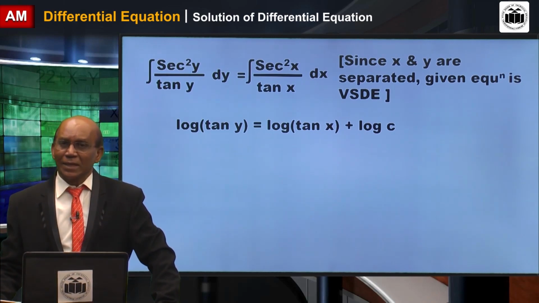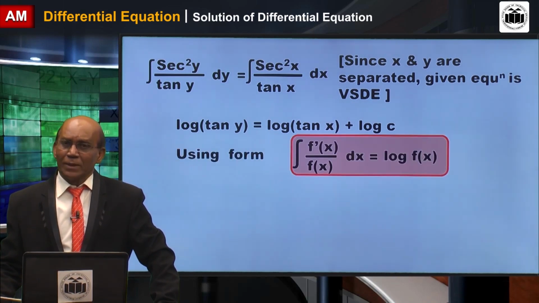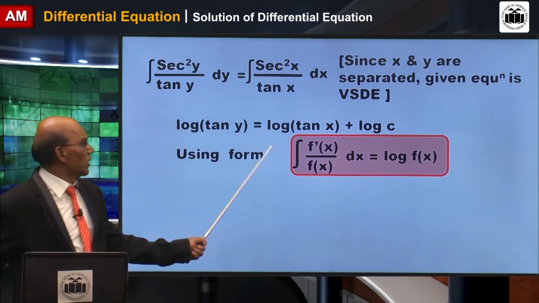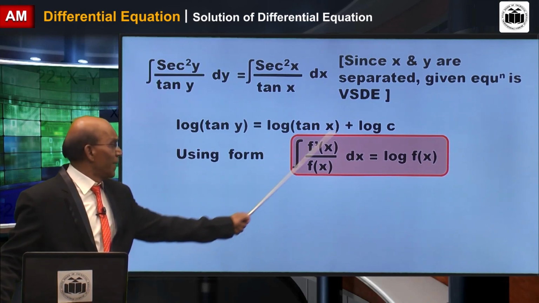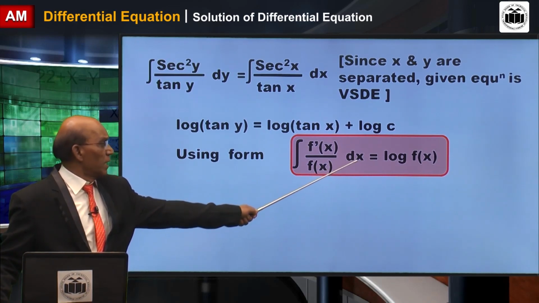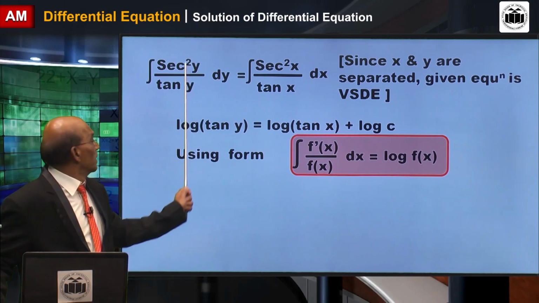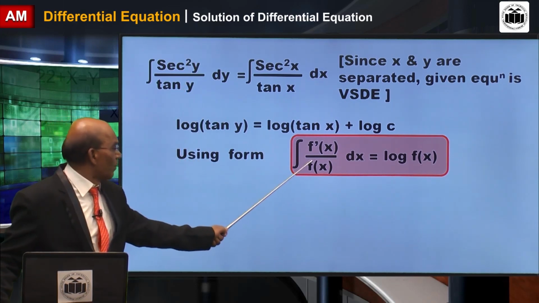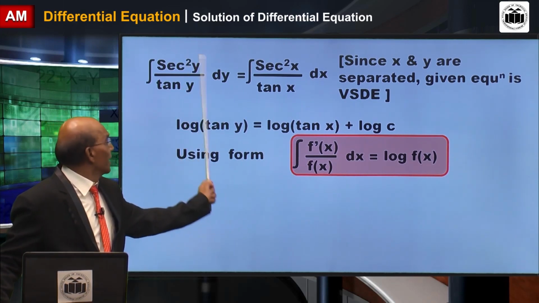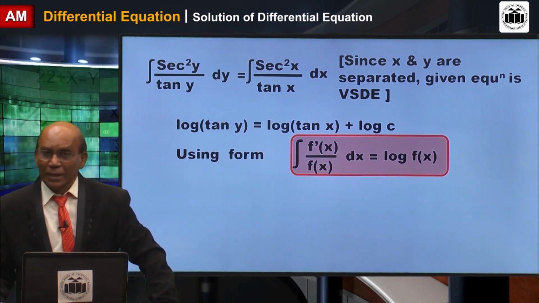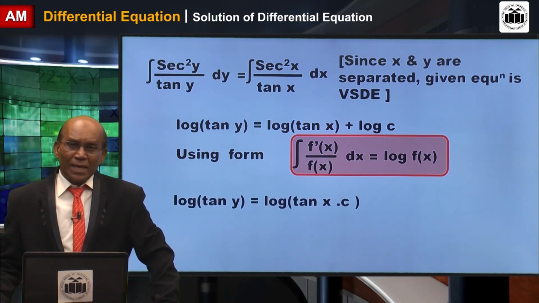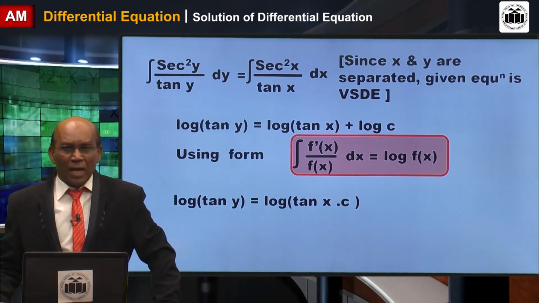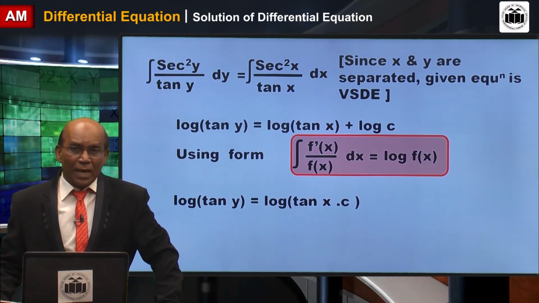See this form: integral of f dash x upon f of x dx equals log f of x. Here the term is tan y, with sec square y in the numerator. So the integration for this one is log tan y equals log tan x plus log c.